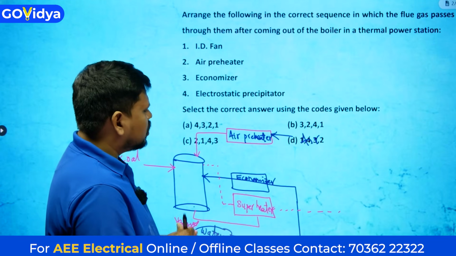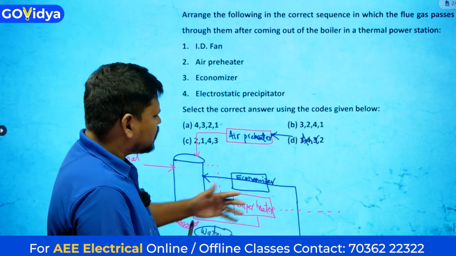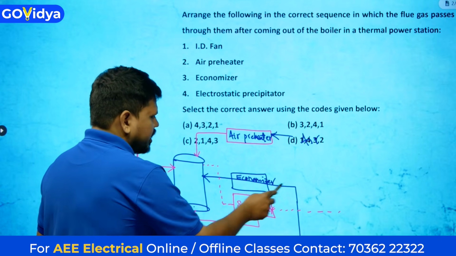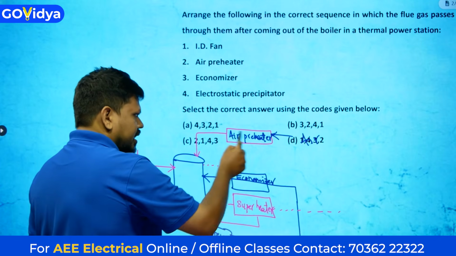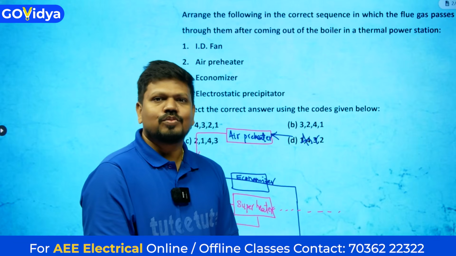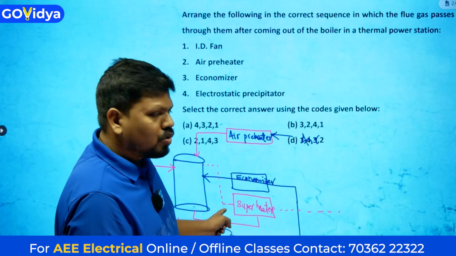And one more thing to remember: in all these three, which is more important for us? Here steam is going, here water is going, here air is going. To improve efficiency, the steam is the most important, because steam is the component that can lose temperature very fast.